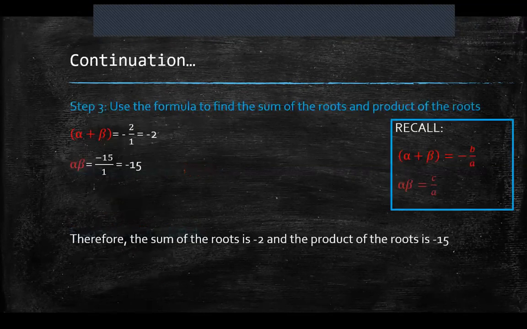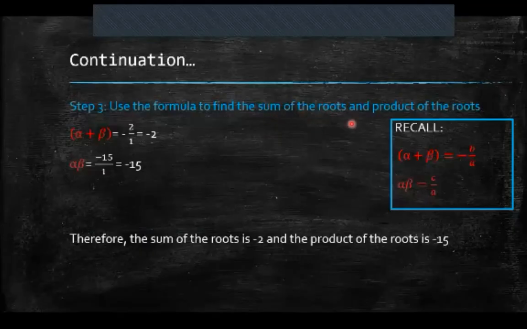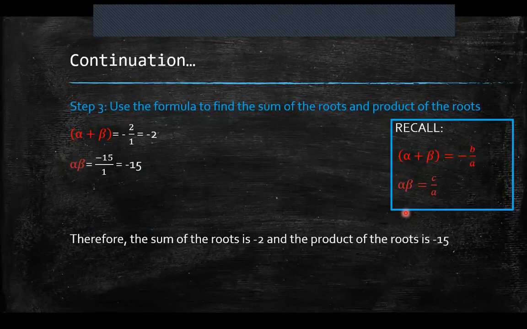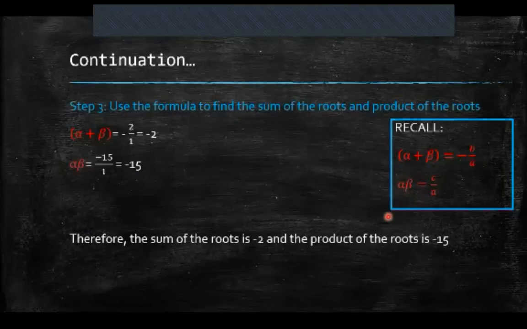Nothing new so far. Third step, you need to use the formula to find the sum of the roots and the product of the roots. So I have here in this box the formulas that I just showed you. To find the sum of the roots, you use minus b on a. And to find the product of the roots, you use c on a.